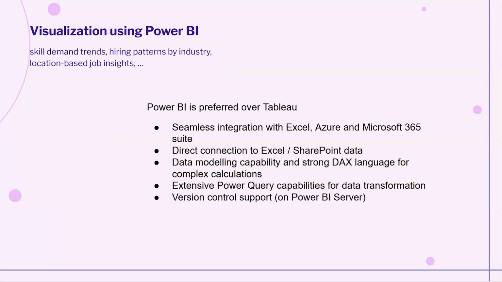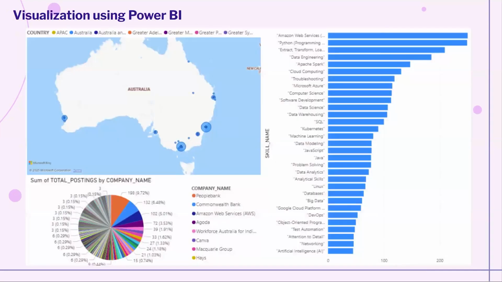For the visualization part, we use Power BI. Because Power BI has a lot of advantages compared to other tools, we finally chose it as our tool to analyze our data. Next page, please. And this is the first page of our Power BI analysis.